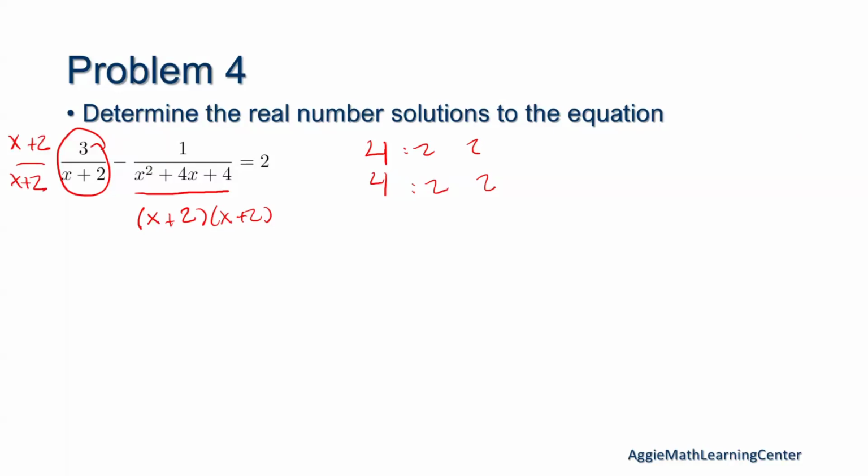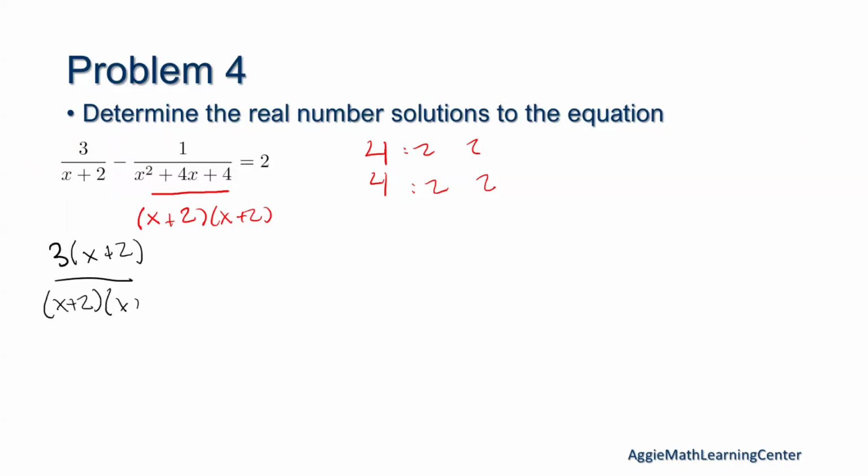I'm going to go ahead and erase this so I have a little more room. Okay. So we've got 3 times x plus 2 over x plus 2, minus 1 over x plus 2 times x plus 2, equals 2.